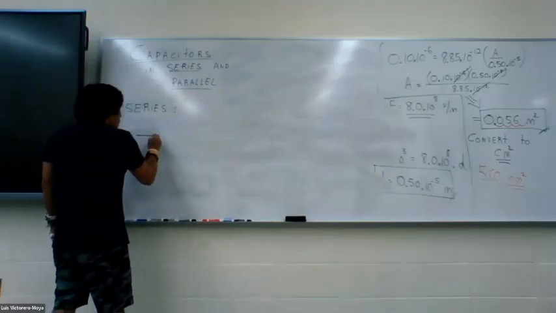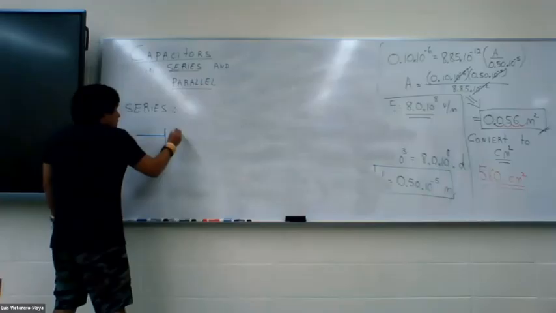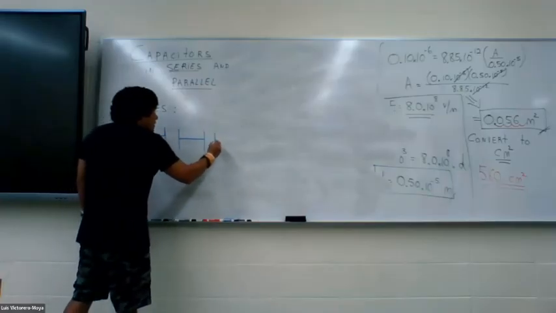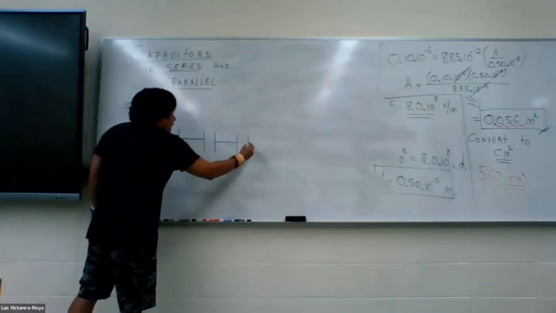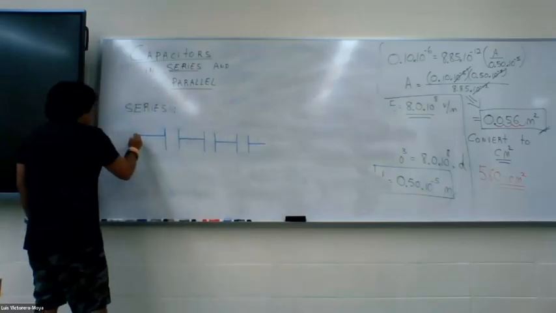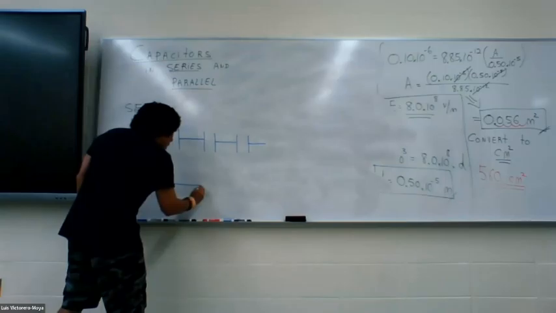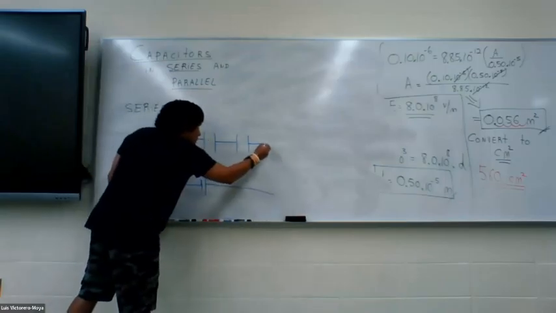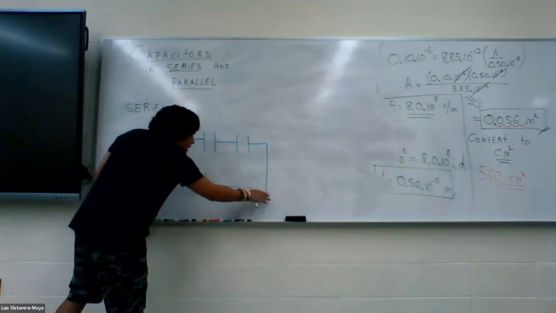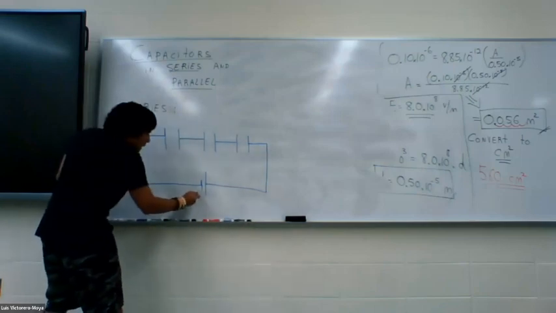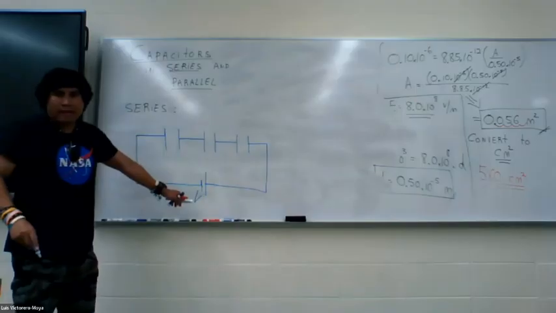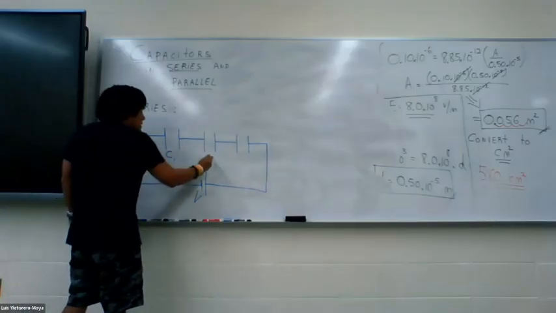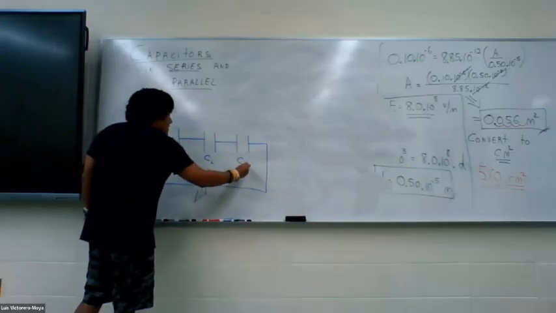You have a wire, capacitor here, more wire, capacitor here, more wire, capacitor here, and they are all connected to a power supply or a battery. So that's your very basic circuit. This is the voltage supplied by the battery, and this will be C1, C2, and C3.